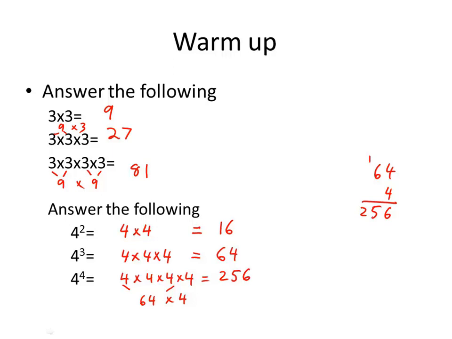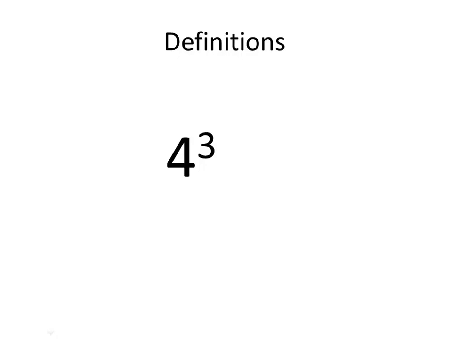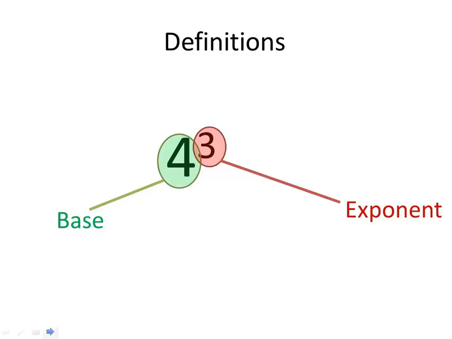Okay, so hopefully you had these three answers right here. Now we're going to talk about what this whole thing means and the different parts of it. The big number right here is called the base. So this one has a base of 4. The exponent is the superscript number that is beside it.